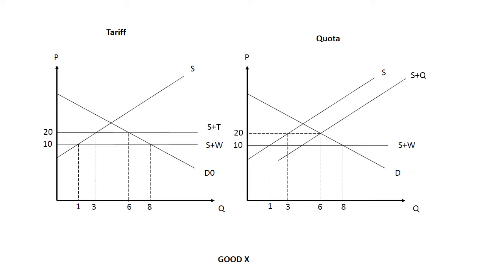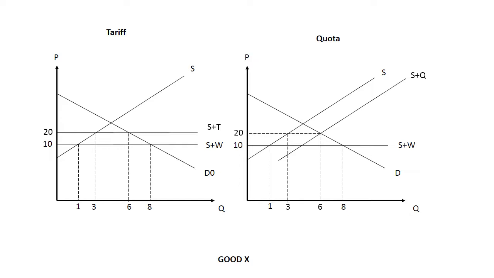After the government imposes a tariff, the country imports 3 units, and with the quota also 3 units. The price is also the same under the tariff and the quota: it will increase to 20 in both cases.